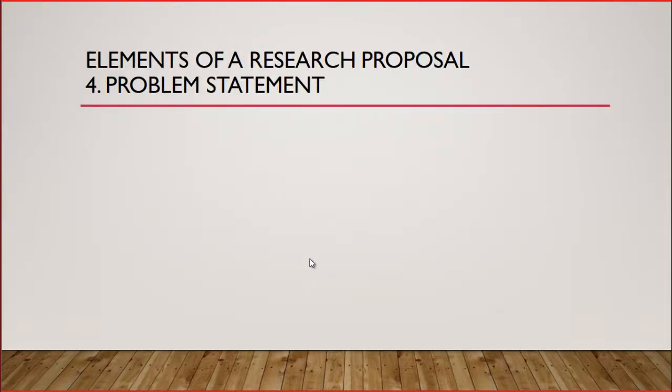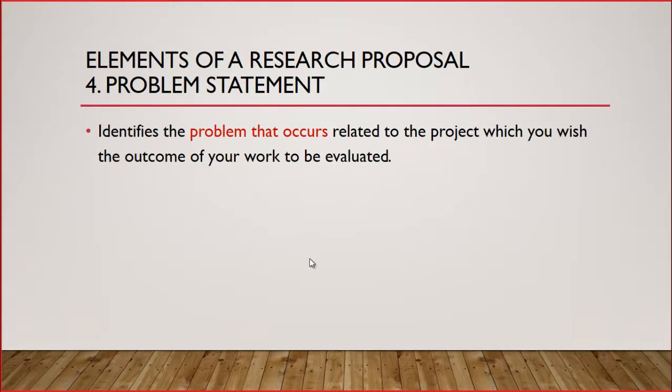Okay, now next, number 4 is the problem statement. So what is a problem statement? A problem statement identifies the problem that occurs related to the project, which you wish the outcome of your work to be evaluated.